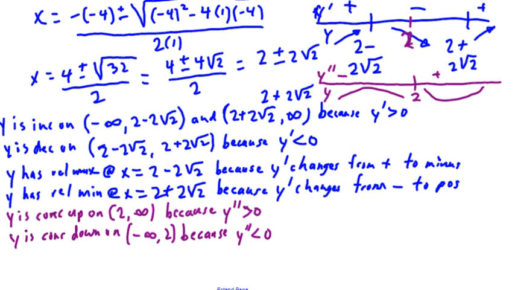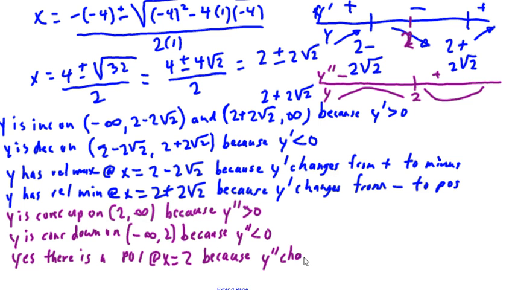And then the last part E, is there a point of inflection? Yes, there is a POI at x equals 2 because y double prime changes from negative to positive.